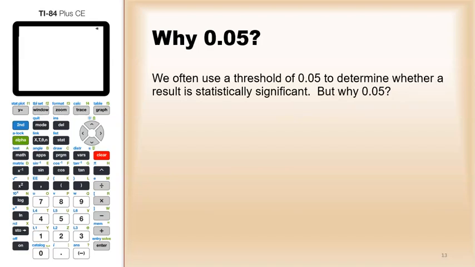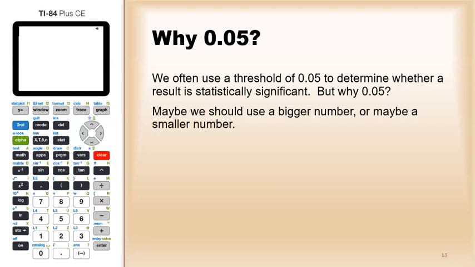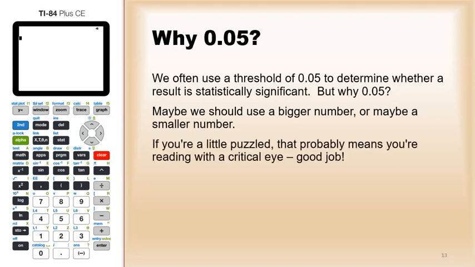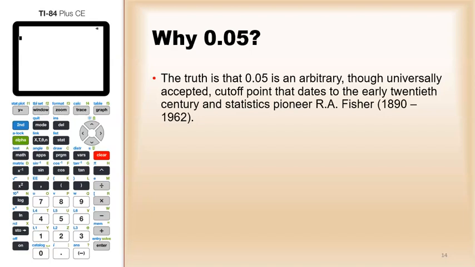And if you're wondering why we're using 0.05, well, that's a good question. Maybe we should use a bigger number, or maybe a smaller number. And if you're a little puzzled, hopefully that means you're reading this with a critical eye, so good job. The truth is 0.05 comes out to be 1 out of 20. 1/20th is 0.05, 5%.